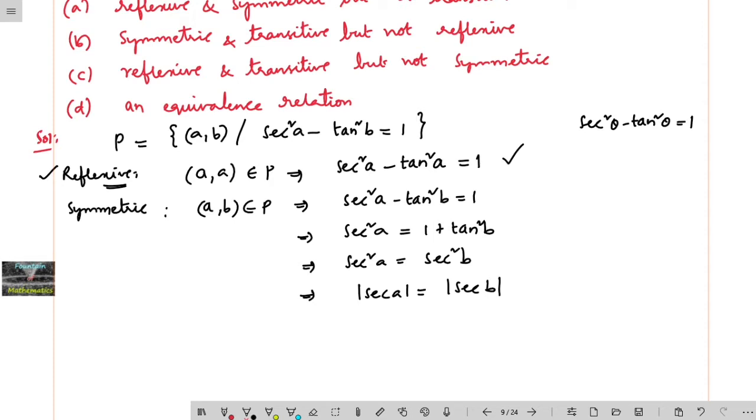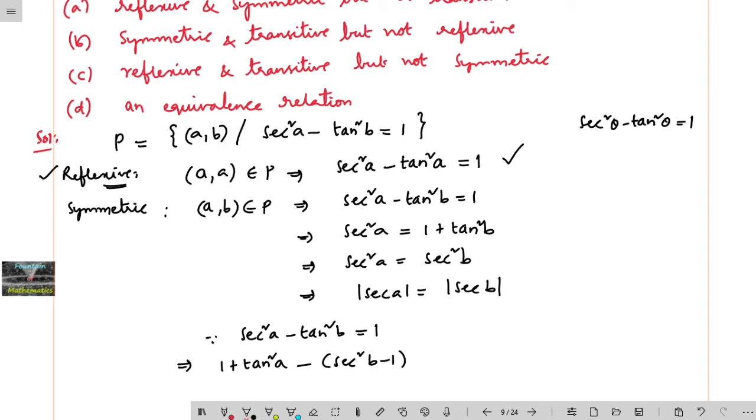And now we can also write, since secant square A minus tan square B is equal to 1, secant square A we can write as 1 plus tan square A, and tan square A we can write as secant square B minus 1.